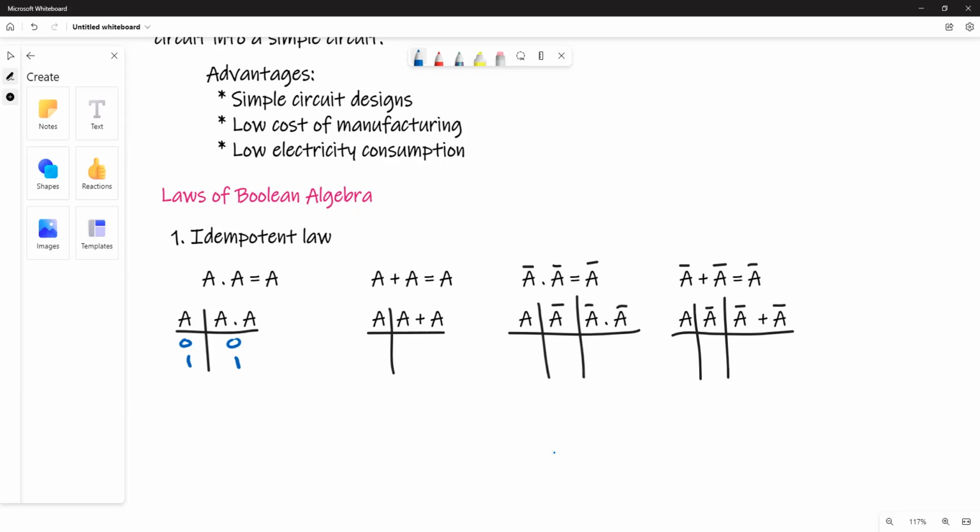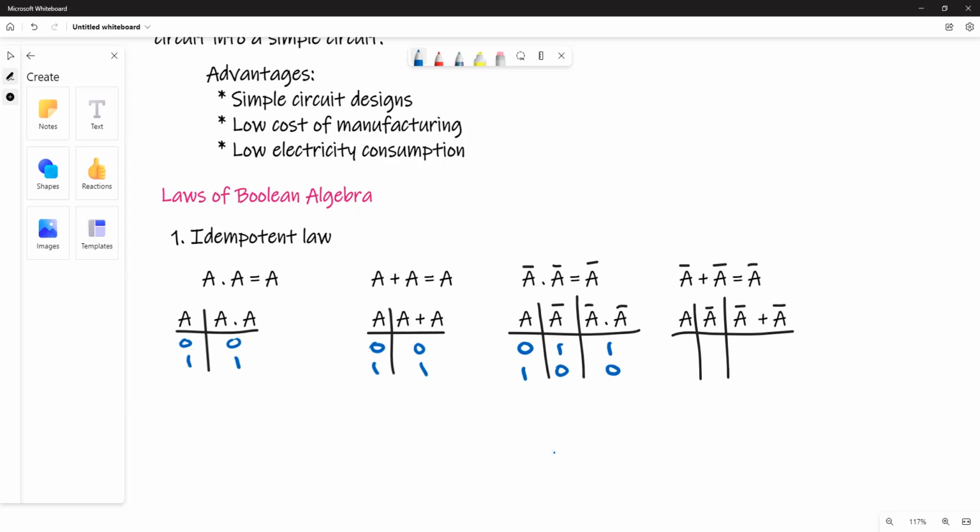Similarly, here as well, we have 0 and 1. So we have 0 plus 0, that is 0. 1 plus 1, this is 1. Similarly, here we have 0 and 1. So we know the complement will be then 1 and 0. And 1 into 1, this is 1. 0 into 0, this is 0.